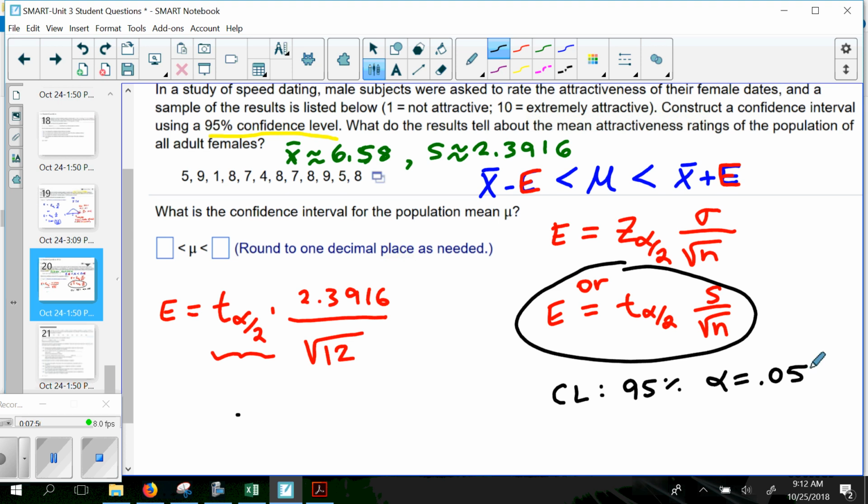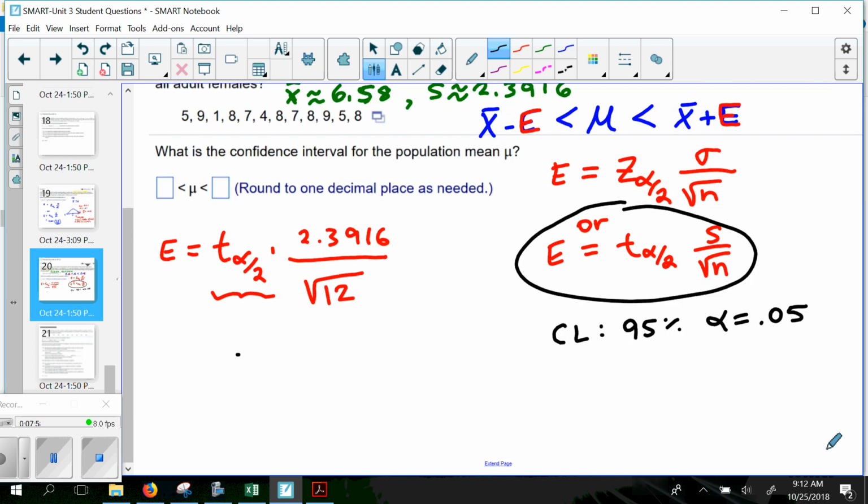And since our confidence intervals for all the things we do in this course are two-tailed, we will have a critical value on each side, but the one on the right is the one that we're going to be using for constructing our confidence interval.